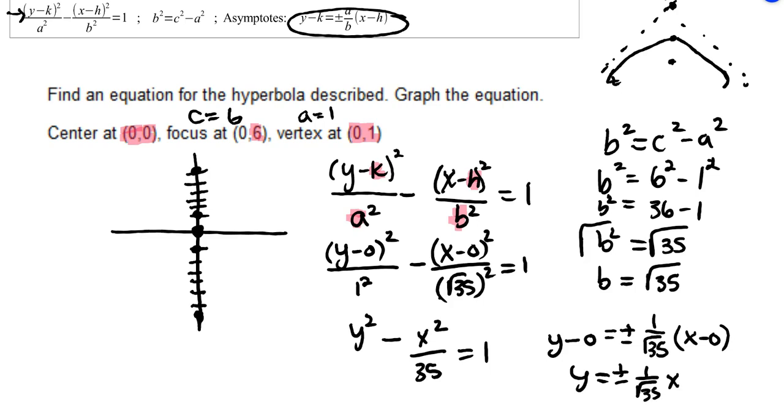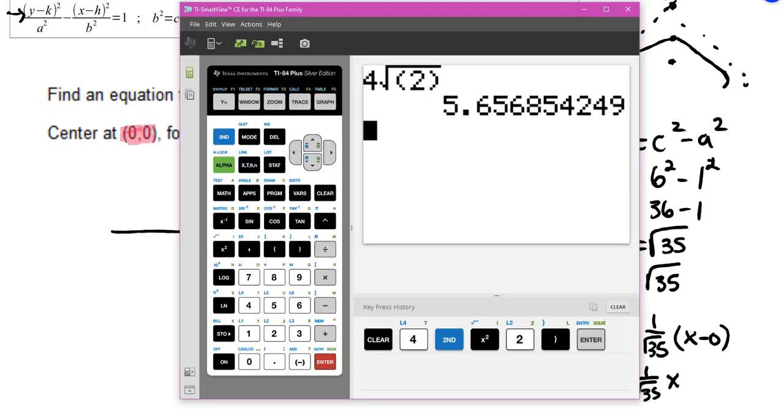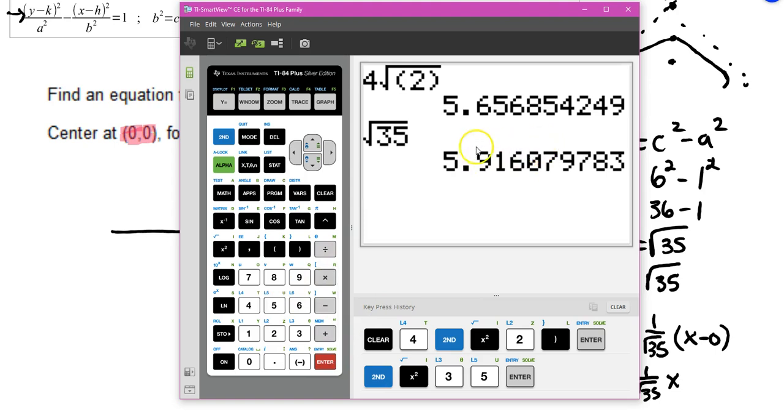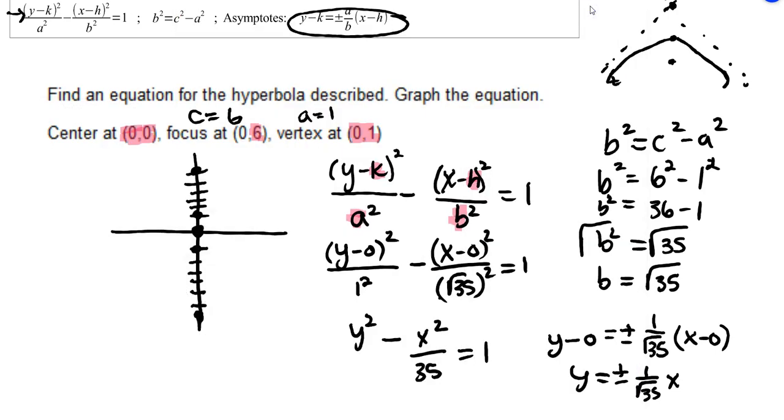I need to find an approximation for the square root of 35 so I can sketch this. The square root of 35 is approximately 5.9, so almost 6. So I can use rise over run, or rise 1 and run 6, almost 6.